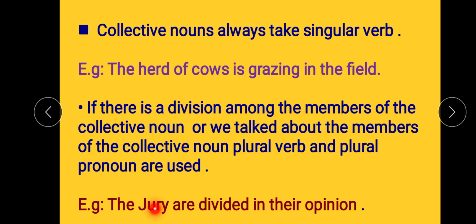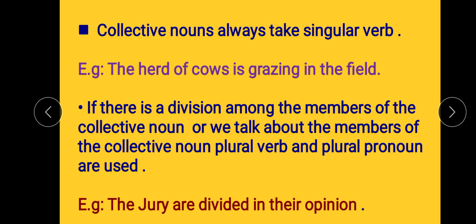Here the jury is a collective noun, but we are talking about different opinions. That means each member of the jury will have his or her own opinion. That's why divisions are shown here. This sentence is referring to a division among the members. That's why we have used a plural verb here.